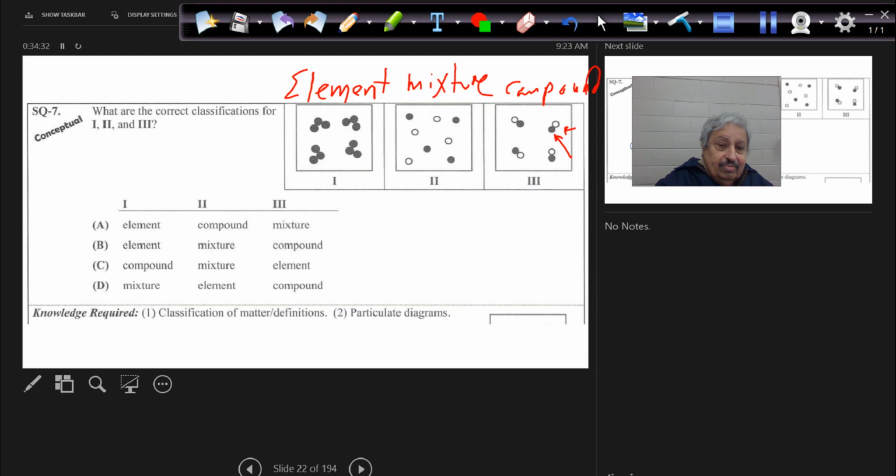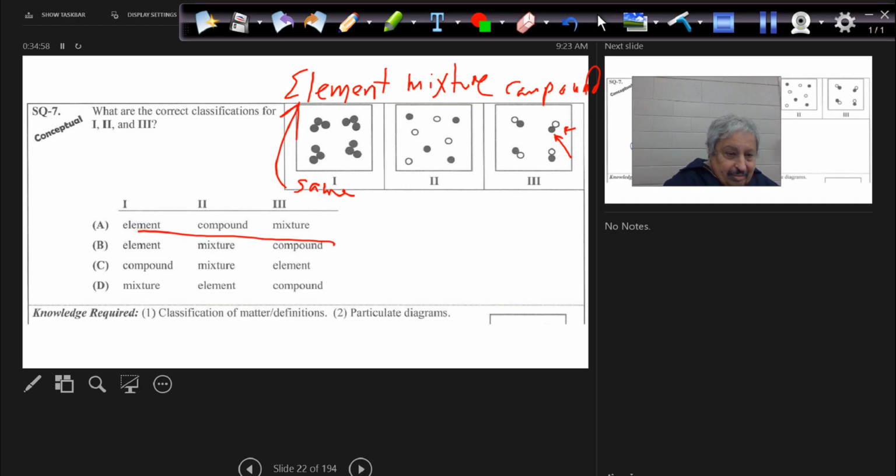This one's the same. Same means it has to be element. And here we have spread out molecules. That will be a mixture. Okay, guys? Makes sense? Mixture, because one is solute, one is solvent. So which one will be then correct? Element, mixture, and compound. Where is it?